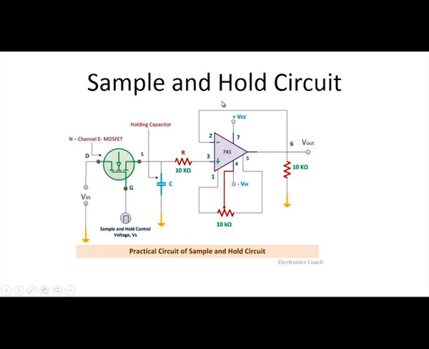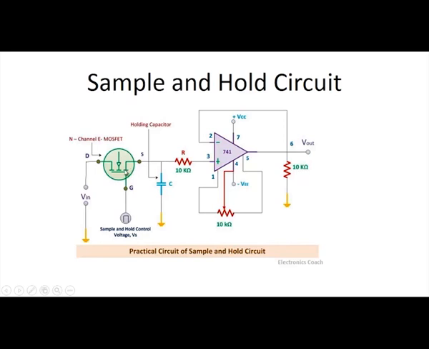This output follows the input, which is why it is called a voltage follower circuit. So, how it acts as a sample and hold circuit is, the capacitor samples the input signal whenever the switch is on, and when the switch is on, the capacitor charges instantaneously to the input value.